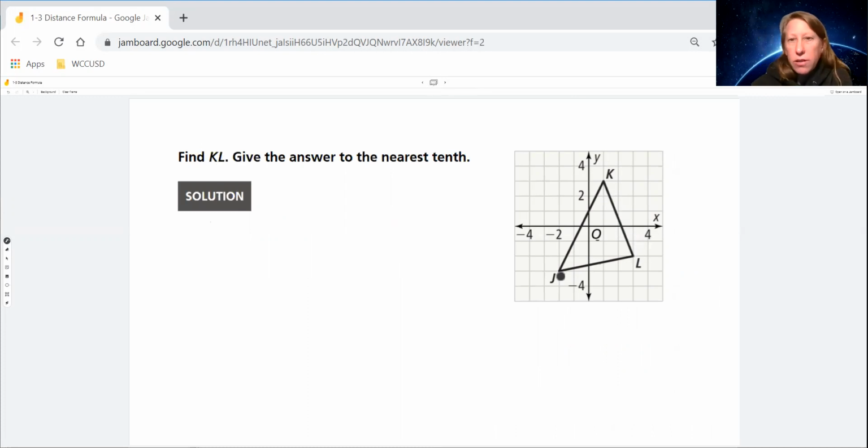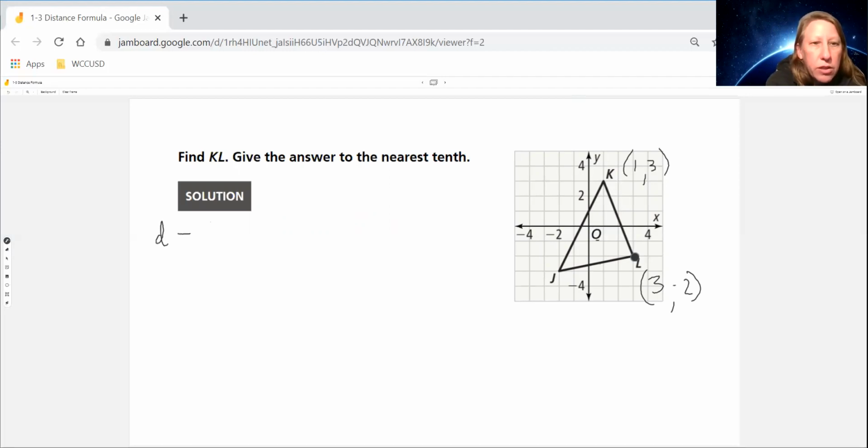To start, it would be helpful to know the x and y for point K and the x and y for point L. K is at (1, 3), and L is at (3, -2). Okay, once we have those numbers, we can go for the distance formula.